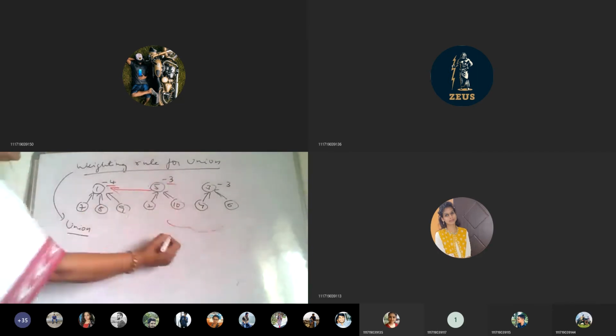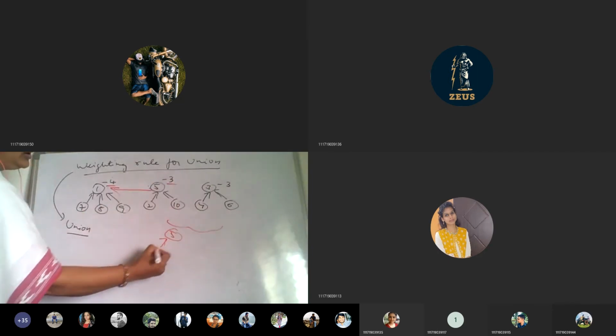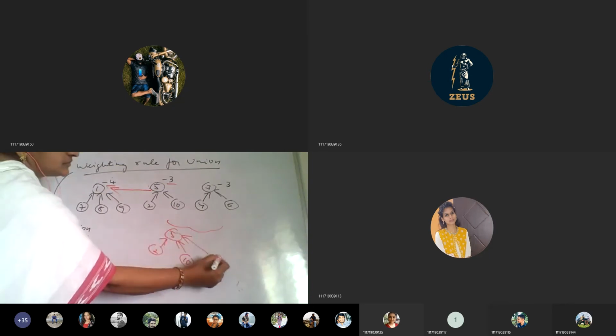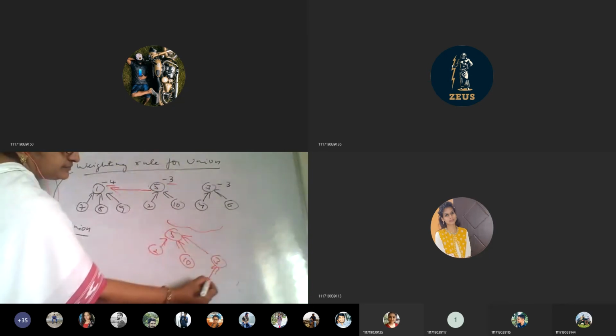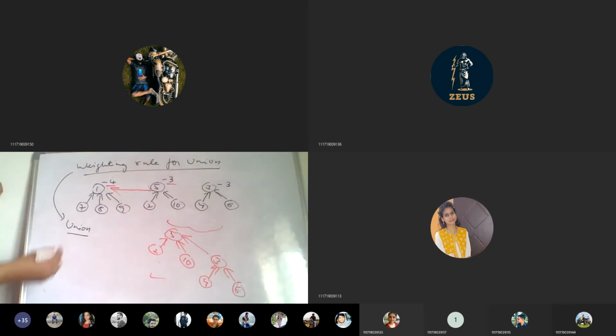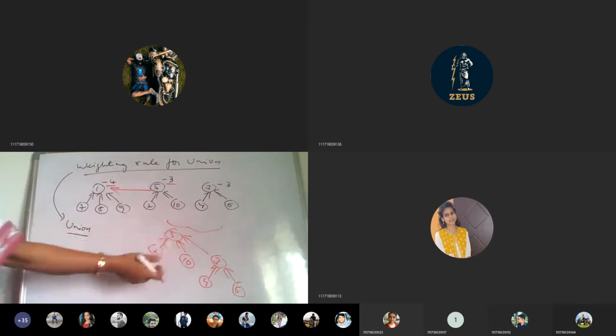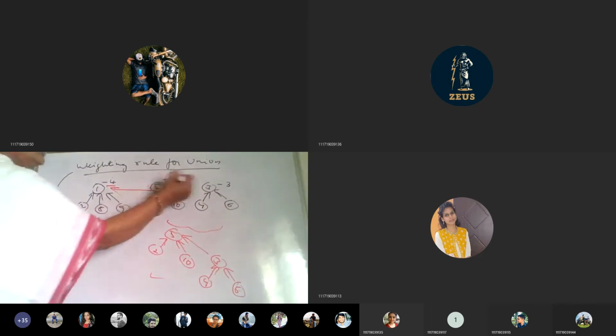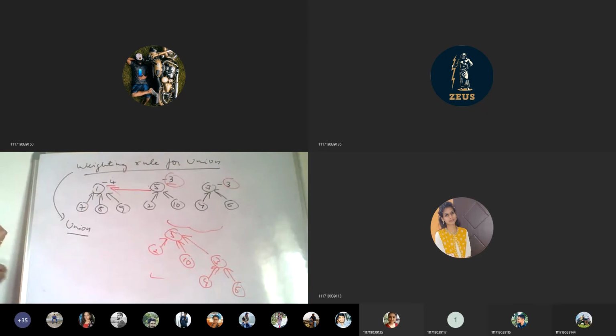Since both are the same, I can do it in any of the ways. Either I can link 3 here, 4 and 6, so this will be right. But the other way also it will be right, making this 3 node the parent and linking 5 to that, it will also be true. Why? Because these weights are the same. Okay, so that is the weighing rule.